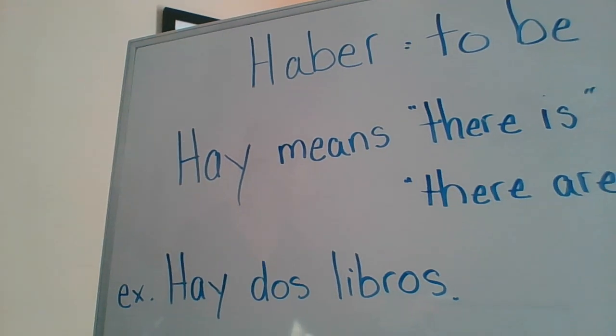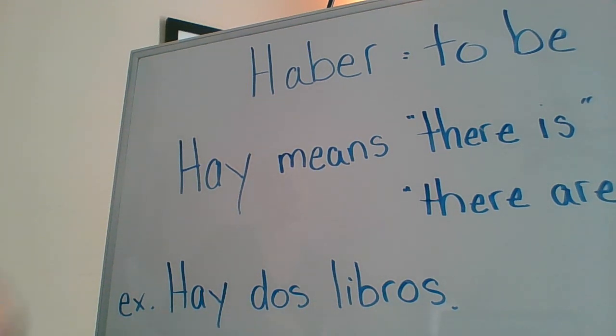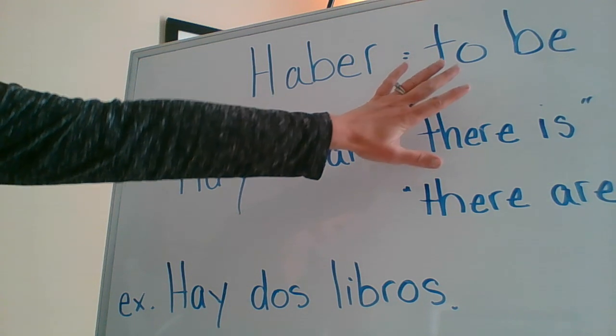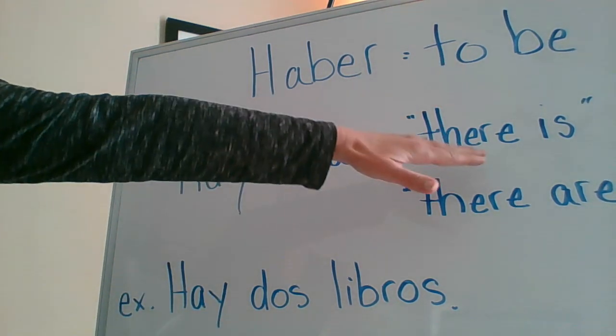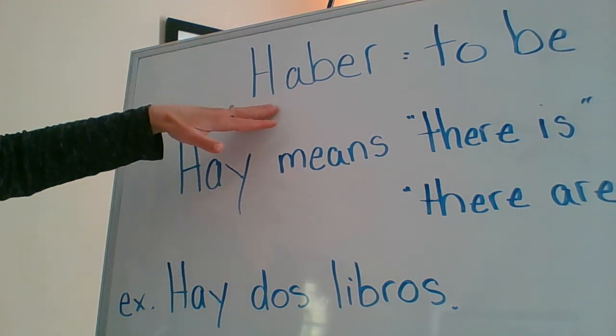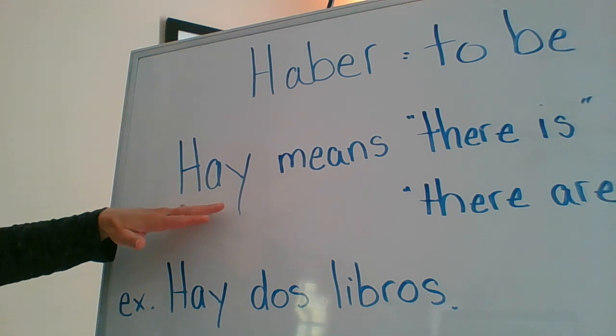So haber is a verb. And we know verbs are action words. So haber is a verb in Spanish that means to be. And if we want to say there is or there are in Spanish, we're using a form of the verb haber. And that form that we're using is this word right here.